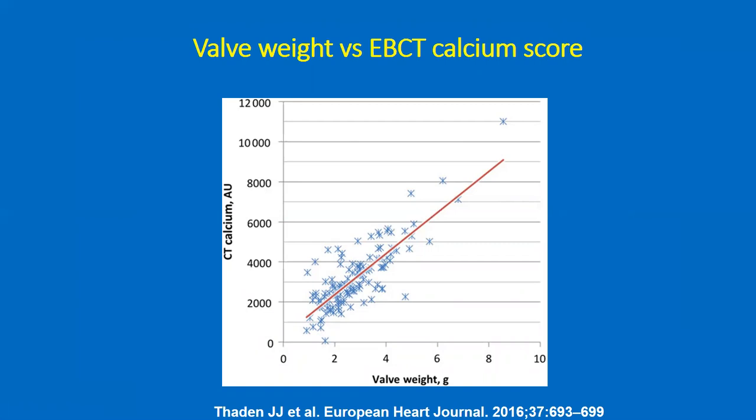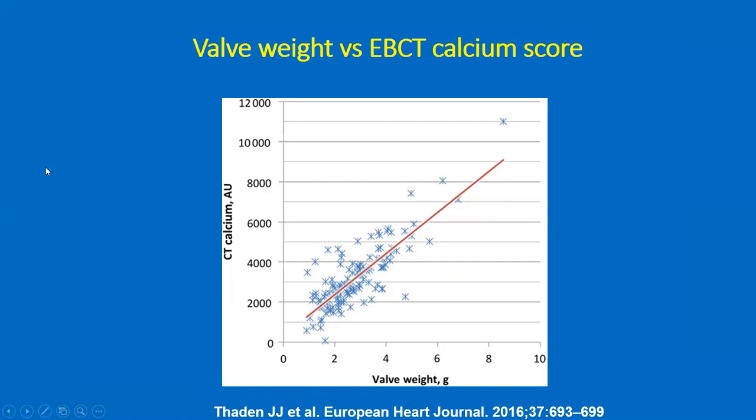But fortunately, multi-detector CT or EBCT, in this older paper, shows a strong correlation between aortic valve area and the CT calcium Agatston score. They are not superimposable, but they are closely correlated.